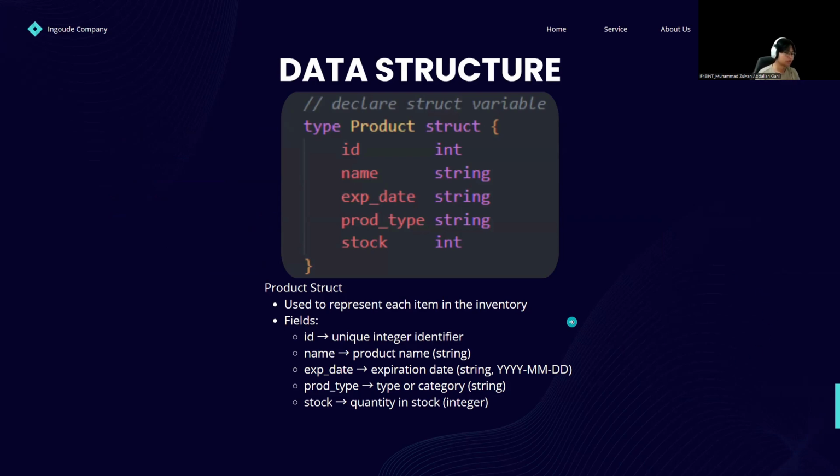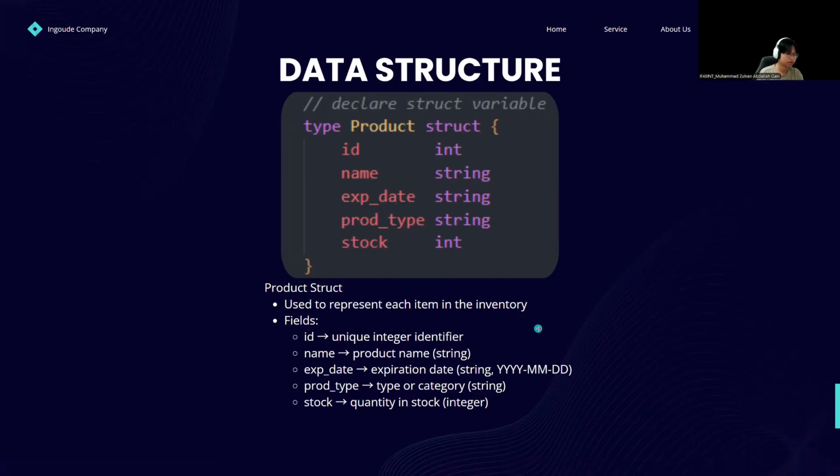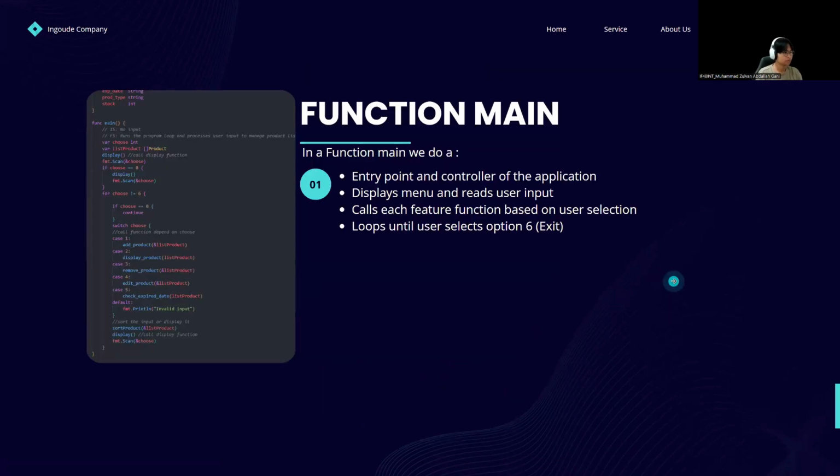The format of the expiration date is year, month, and day. The product type is the type or category, and the type of the variable is string. Then we have stock, which is the quantity in stock, and the type is integer.